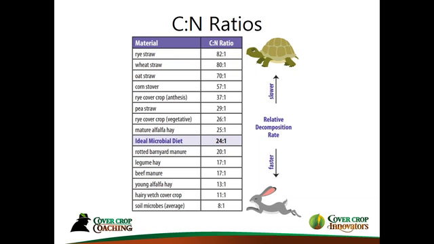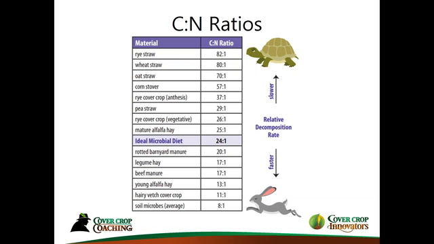Now, with decomposition there are a lot of other factors that can enter into that. But when you're thinking about C/N ratios, you can't just say that rye or cereal rye has a certain C/N ratio, because it changes dramatically from the time it first sprouts to the time it's fully mature.